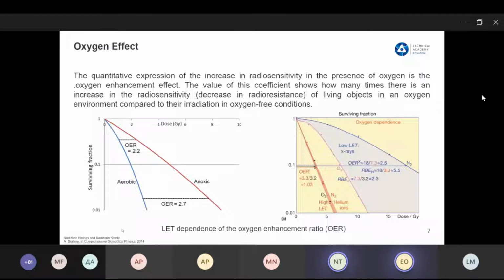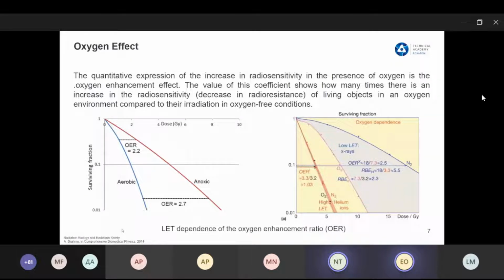The addition of oxygen 10 milliseconds after irradiation does not change the damaging effect of ionizing radiation. The sensitizing effect of oxygen during cell irradiation is manifested only when it is present in the tissues at the time of irradiation. At present, there are no clear ideas about the mechanism of the sensitizing effect of oxygen during irradiation.